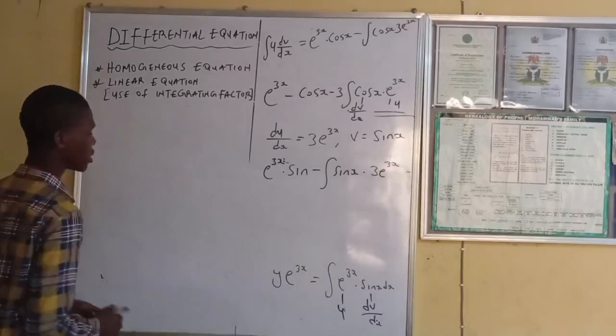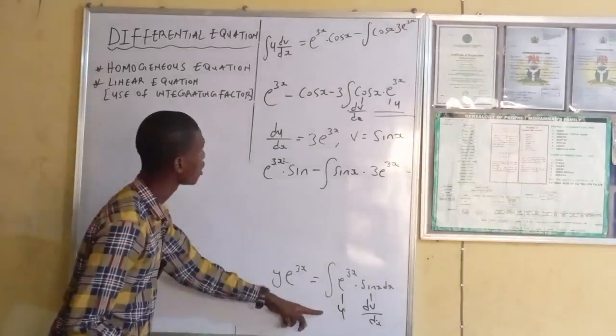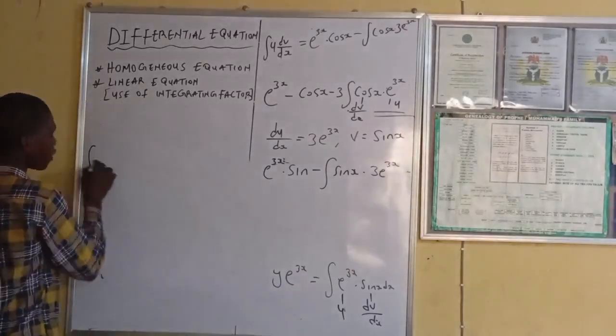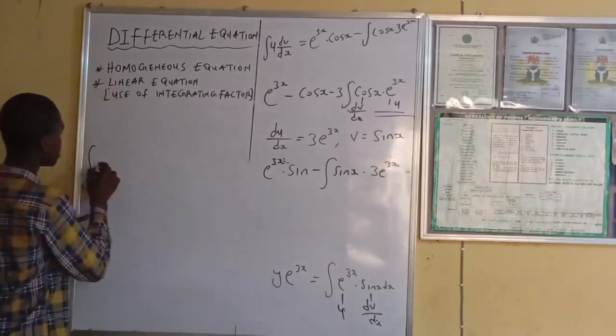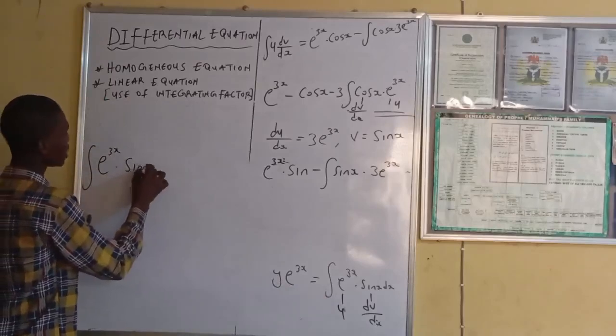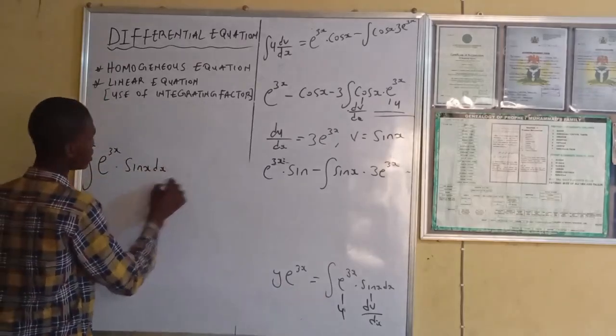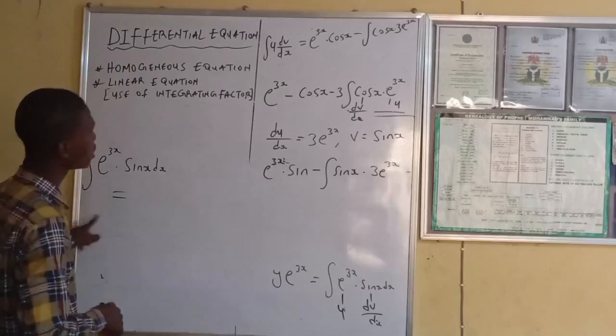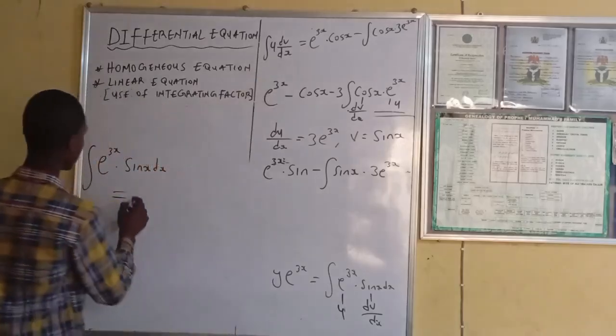It means that the integral of the right hand side, which is exponential 3x dot sine x dx, is equal to exponential 3x.